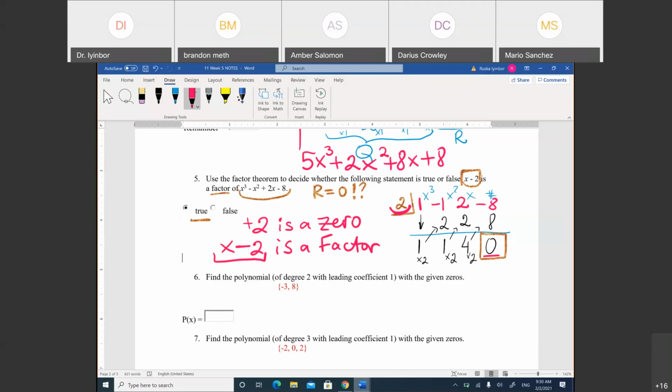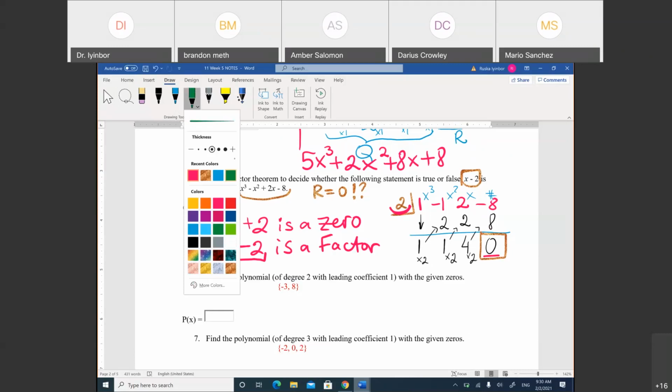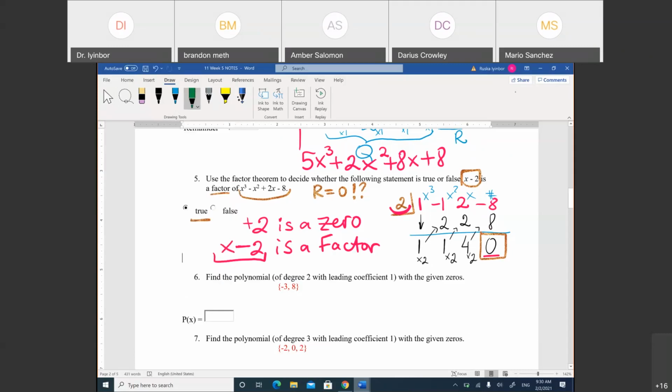Because number 6 and 7, they ask us to do it backwards. So the zeros are given. So we're doing it backwards. They give me the 0s. They want me to find the polynomial. Okay? So what are the zeros? The zeros are negative 3 and 8. What does that mean?